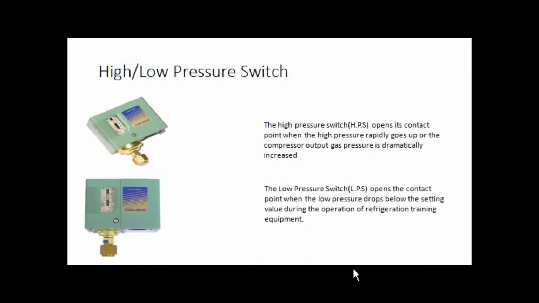So those are some of the main components and equipment used in refrigeration and air conditioning.